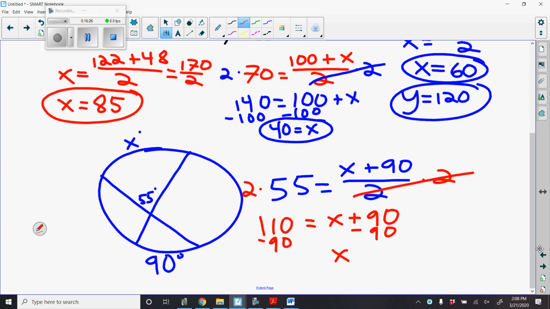And I get x equals 110 minus 90 is 20. And again, I can go back to check my work and make sure 20 plus 90 is 110. 110 divided by 2 is 55.